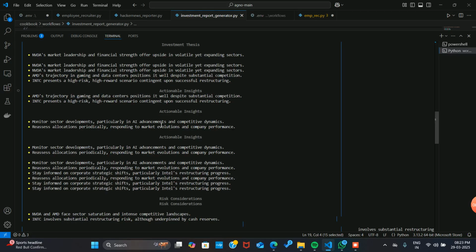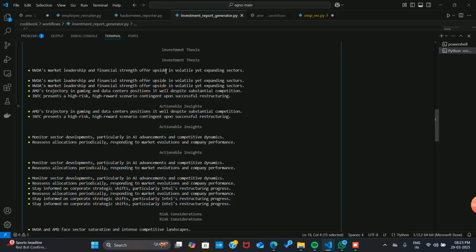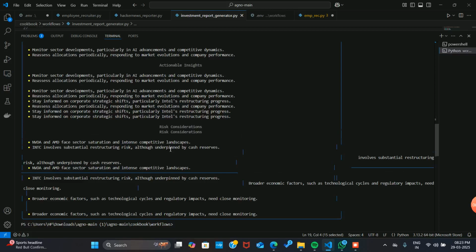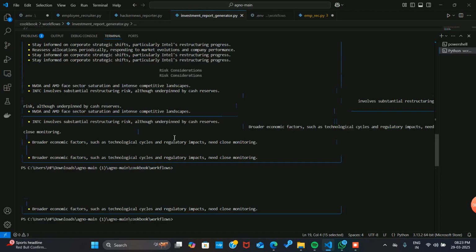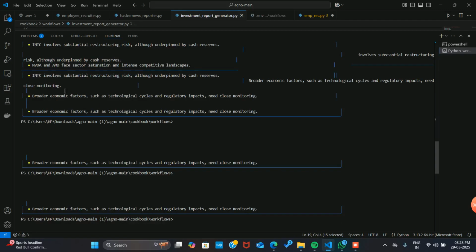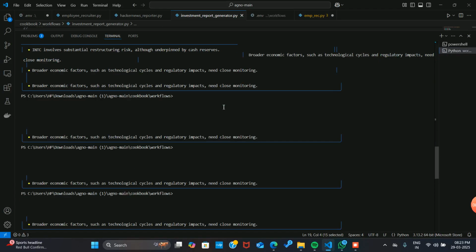And then we look at the investment thesis and actionable insights. And you see that Intel involves substantial restructuring risk, although underpinned by cash reserves, so it needs close monitoring.